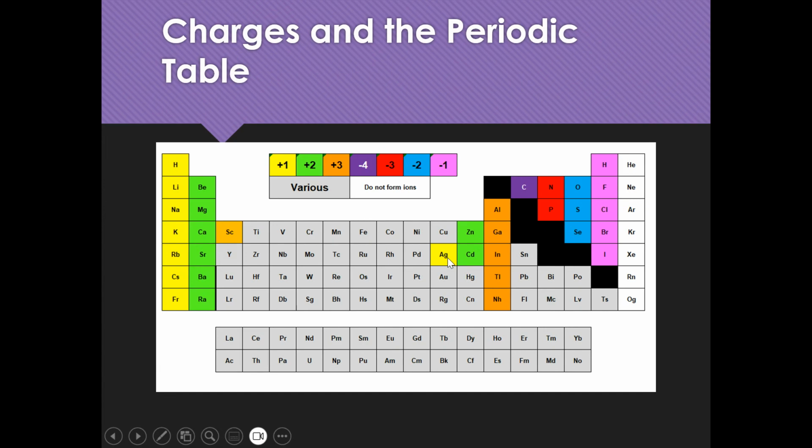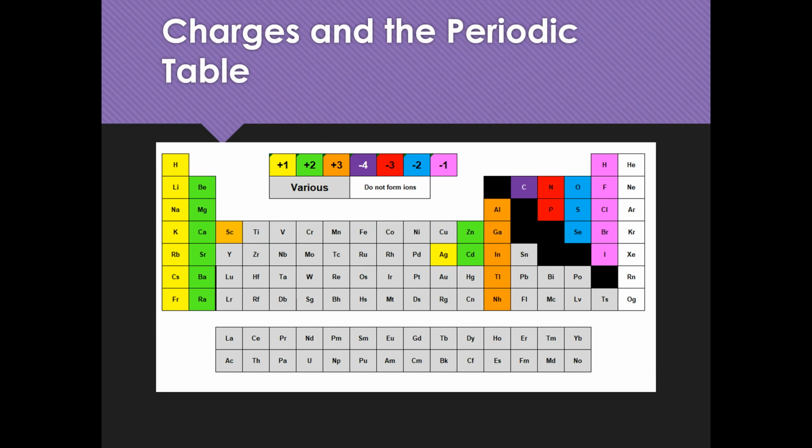It does it in a kind of unique way, but silver only loses 1 electron, so that's going to be a +1 charge. And scandium, considering it's got 3 electrons, is going to lose all 3, and it's going to become +3. Everything else in the periodic table that's in gray has various numbers of charges. So we don't know them, and they'll be the topic of the next section, which is multivalent binary compounds.